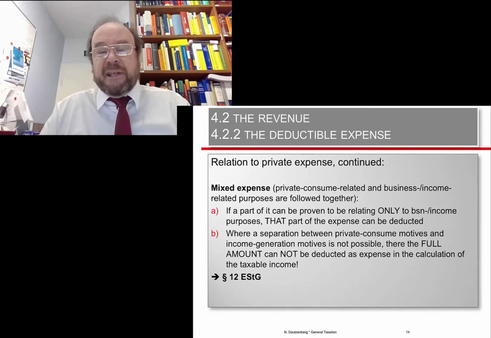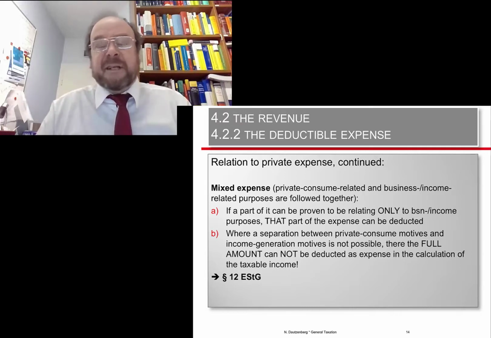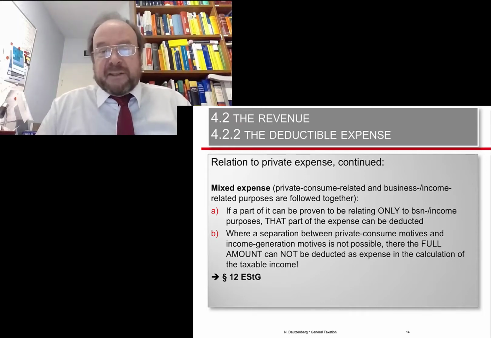The only limit which is there is the private income motive, the private consume motive. Right? So is there any consume-related aspect involved? Here we have naturally the two clear extremes of entirely privately motivated expense, non-deductible, and entirely business-related expense, deductible.